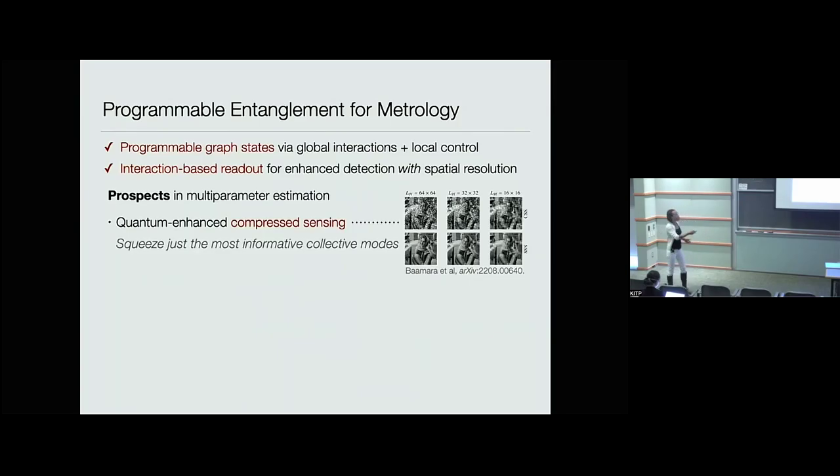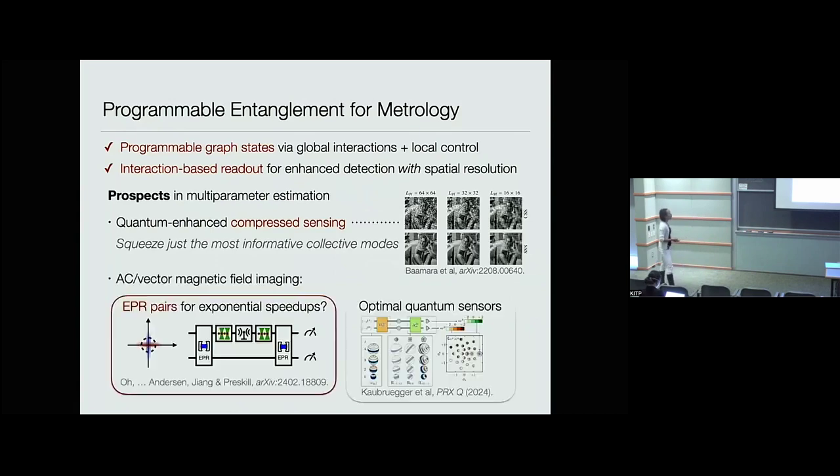And this is generally true actually in image compression. The way one compresses an image is one says, I don't need to keep every pixel of information. I can keep certain principal components that have the most information. So there's an interesting question here, I think, of asking for certain imaging tasks, can one benefit from squeezing just some set of collective modes that matter the most?